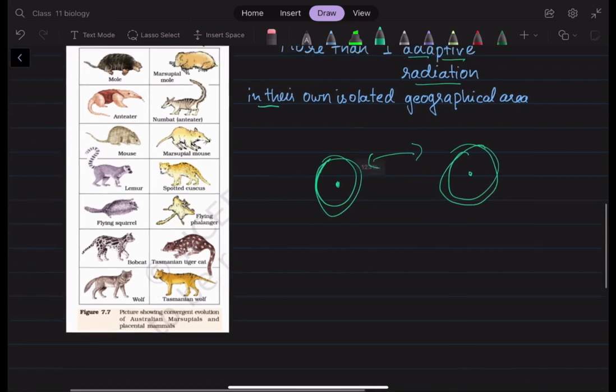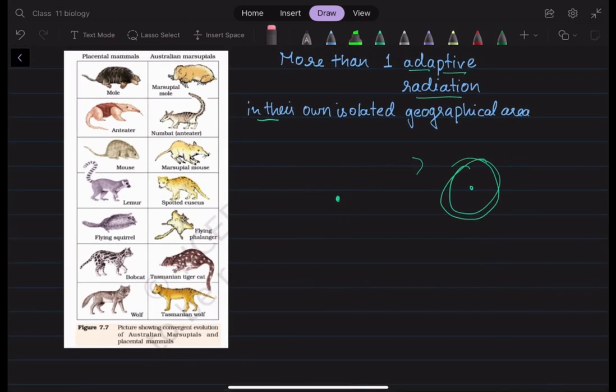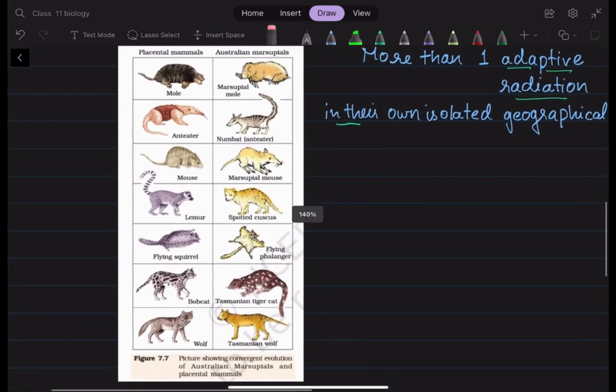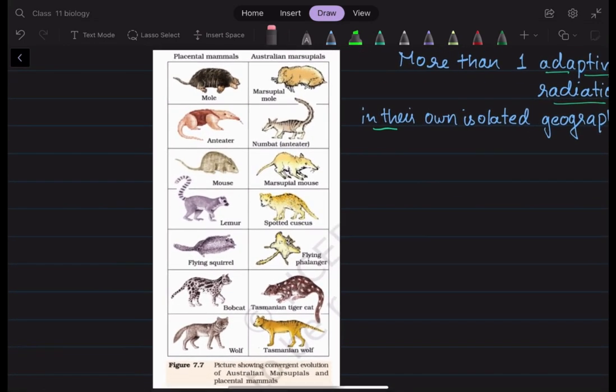That is why we found animals that were quite similar, but they evolved in completely different lands.